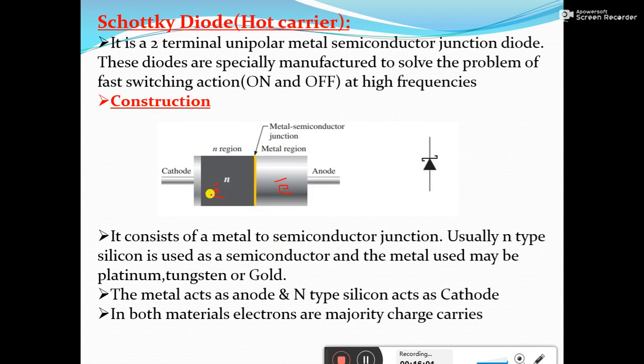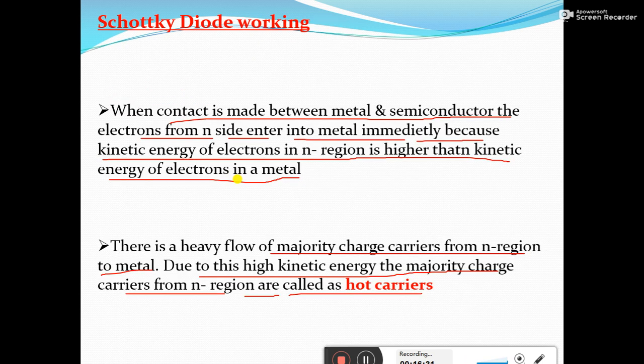The same kinetic energy concept of the charge carriers we have mentioned in the tunnel diode. Since the kinetic energy is high, as soon as the junction is made, electrons will be rushed towards the metal region from the N region. That's why these are referred to as hot carriers.